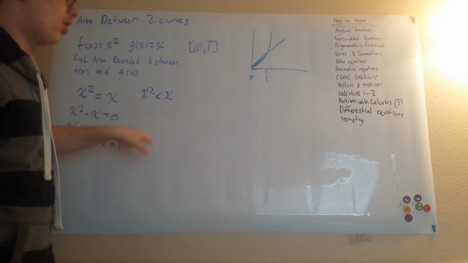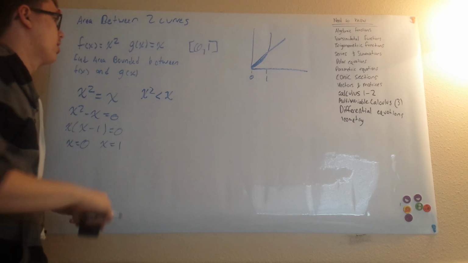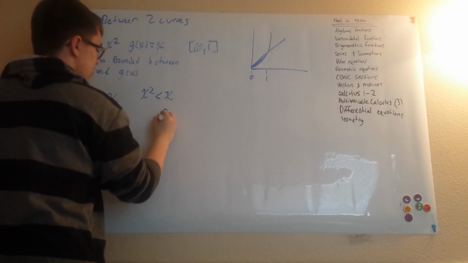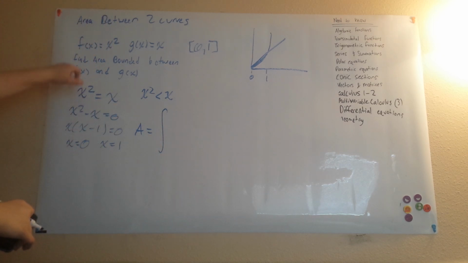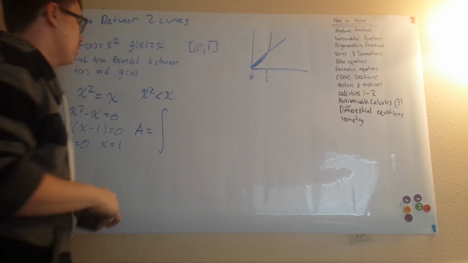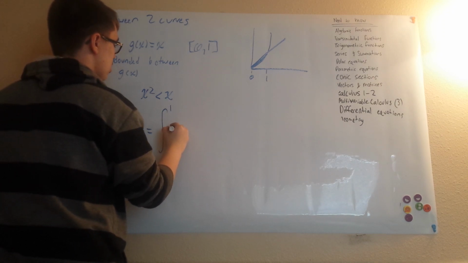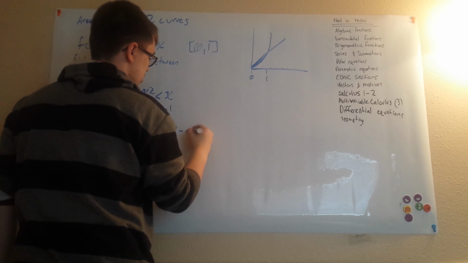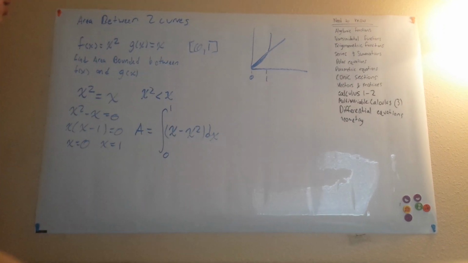So don't go integral of x squared minus x, go integral of x minus x squared. So the area bounded by the two curves x and x squared is the integral from 0 to 1 of x minus x squared dx. That's the area.